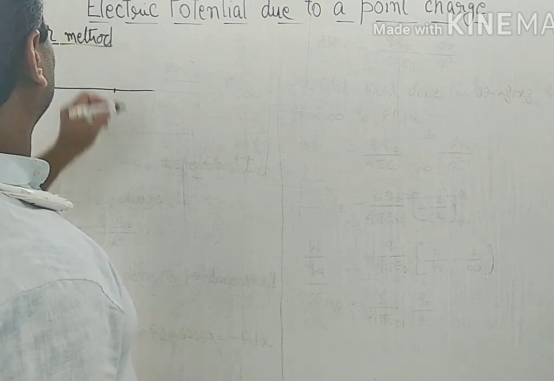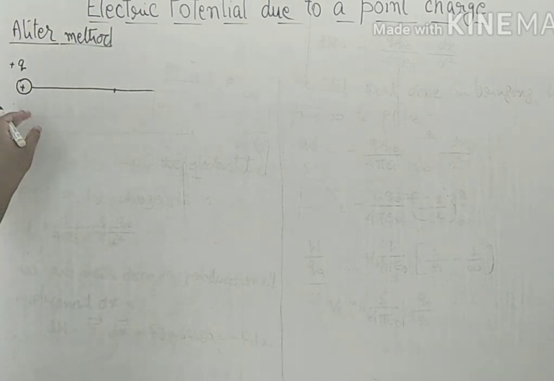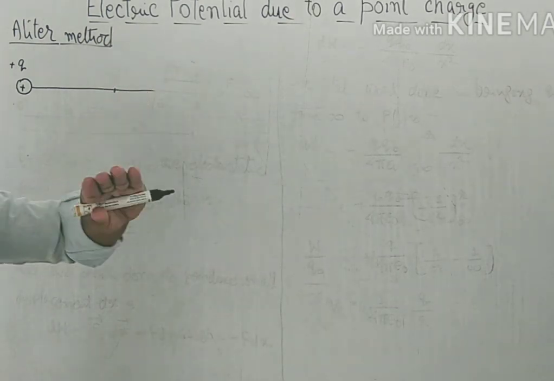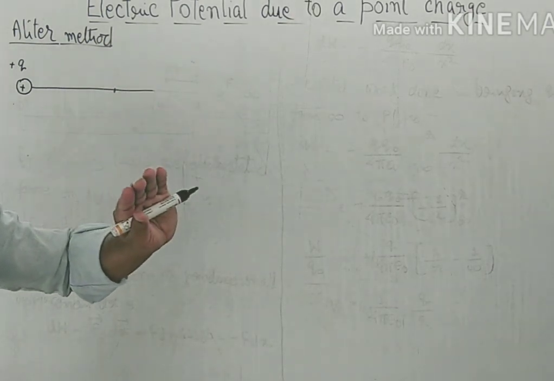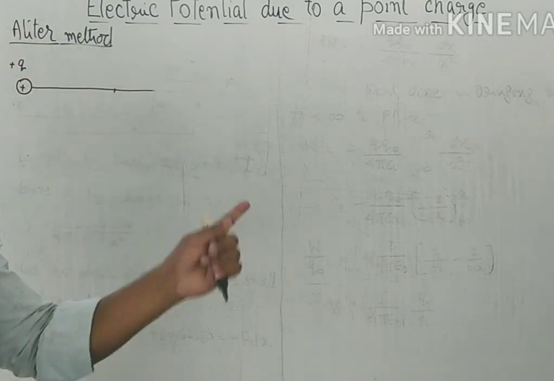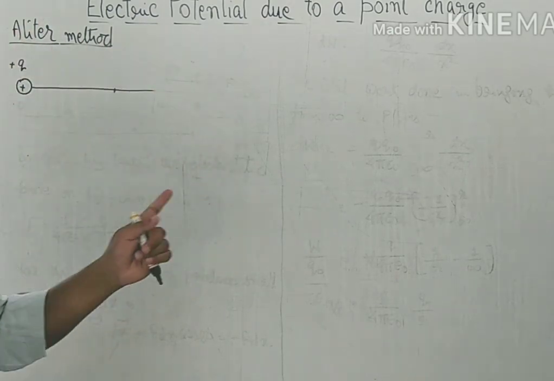Method. So what can we have? Here we will be using the very basic definition of electrostatic potential that we had as the first topic of this chapter.